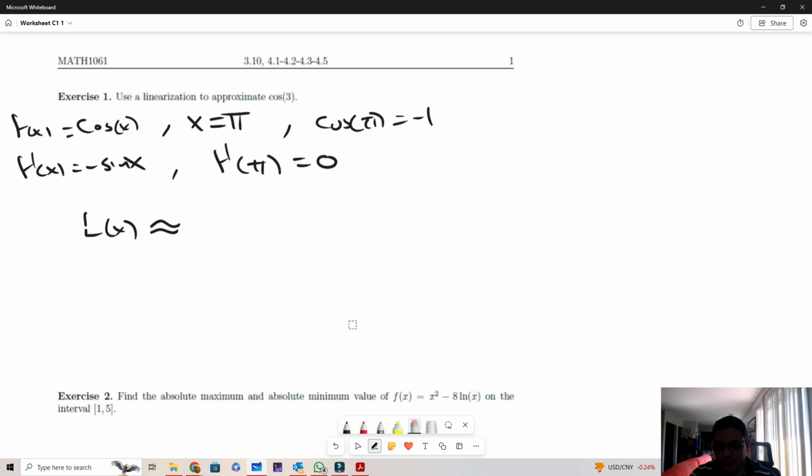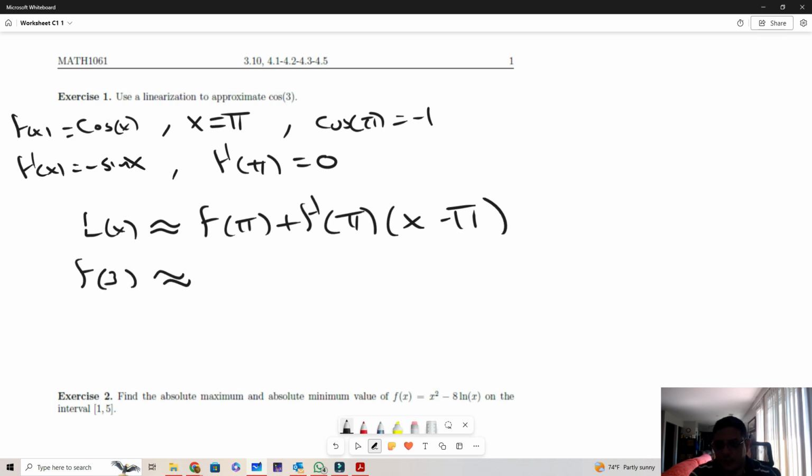But let me first describe what L of x is. L of x is f of pi plus f prime of pi times x minus pi. And so to approximate f of 3, we have the first value f of pi, which is -1, plus f prime of pi, which is 0, multiplied by x minus pi.